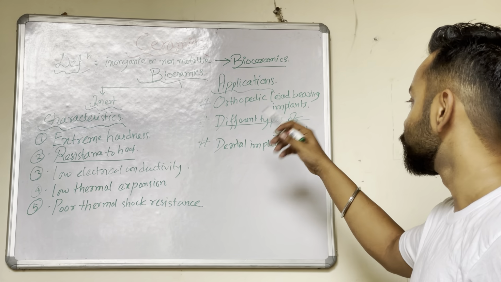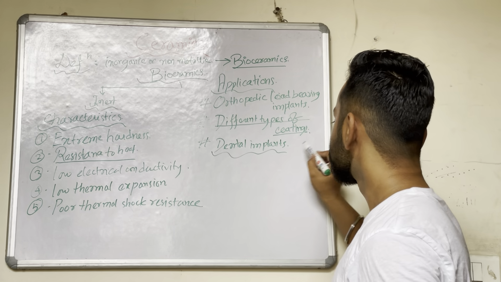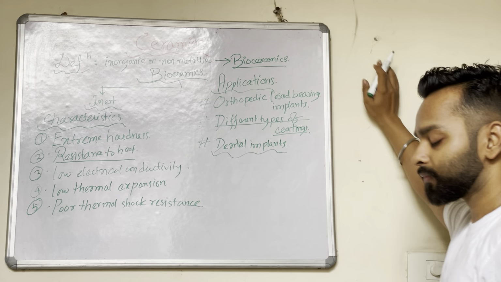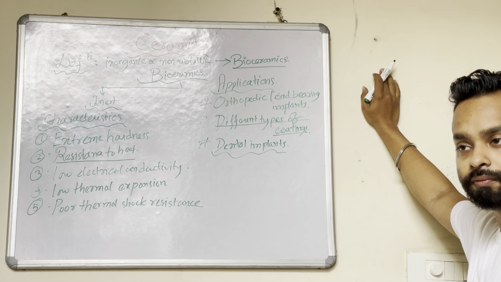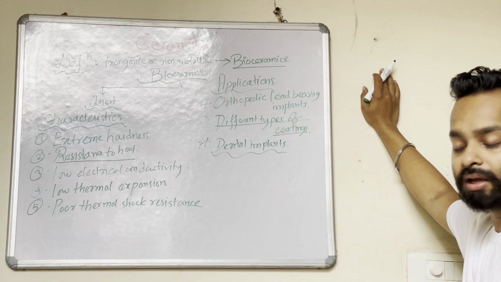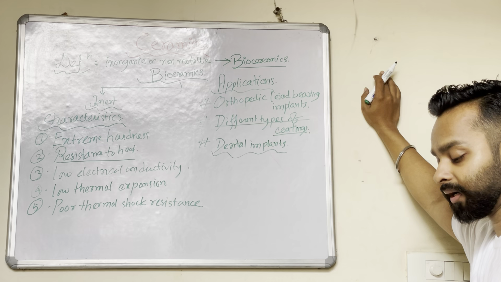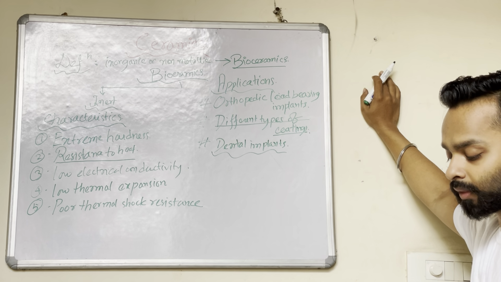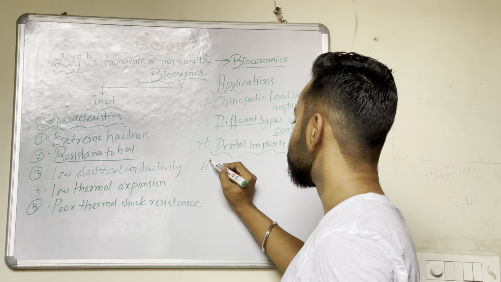So all these are used for surface coatings. Now coming to the dental implants. Different types of dental implants which mimic the properties of teeth are made from different ceramic materials such as hydroxyapatite and even alumina. Now also these ceramics are used as temporary bone fillers.